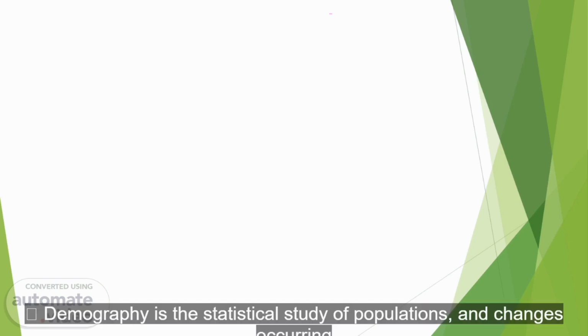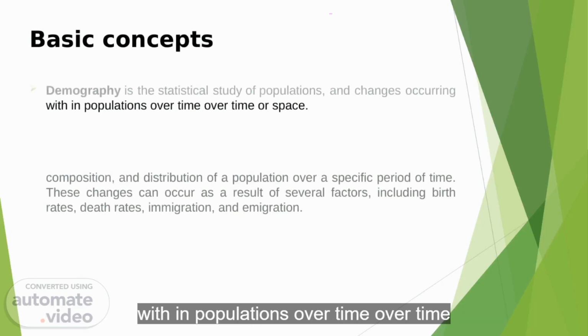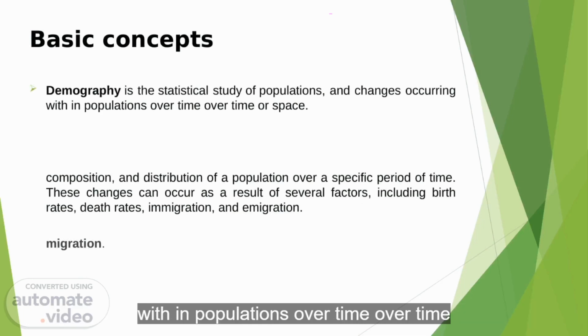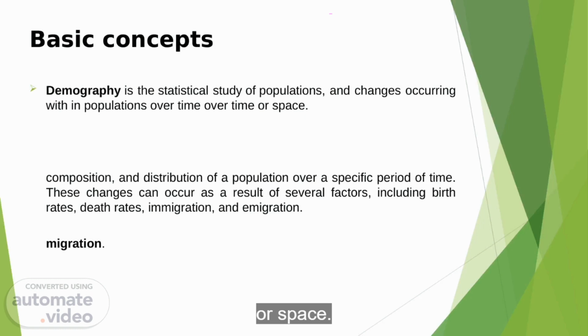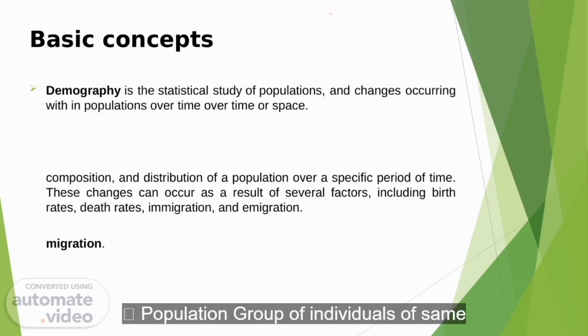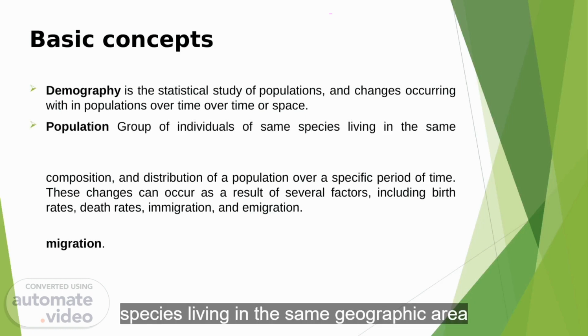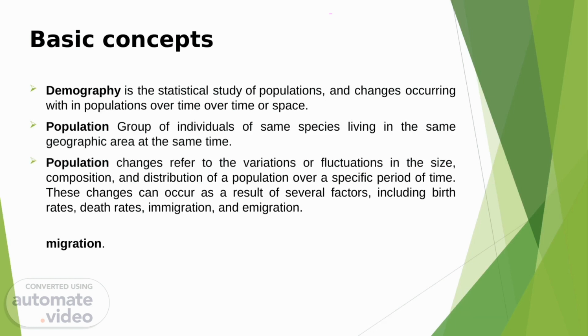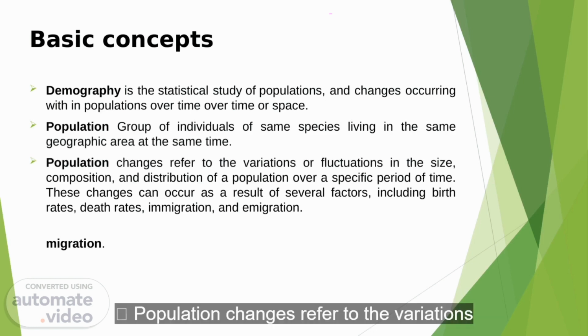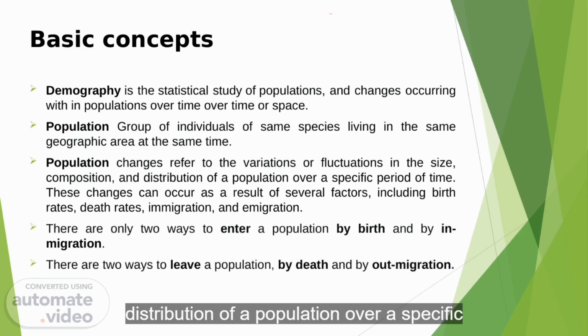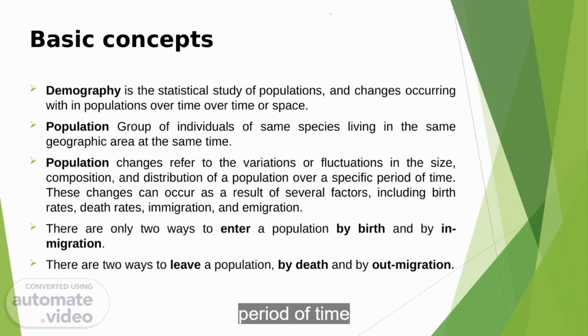Demography is the statistical study of populations, and changes occurring within populations over time or space. Population: a group of individuals of the same species living in the same geographic area at the same time. Population changes refer to the variations or fluctuations in the size, composition, and distribution of a population over a specific period of time.